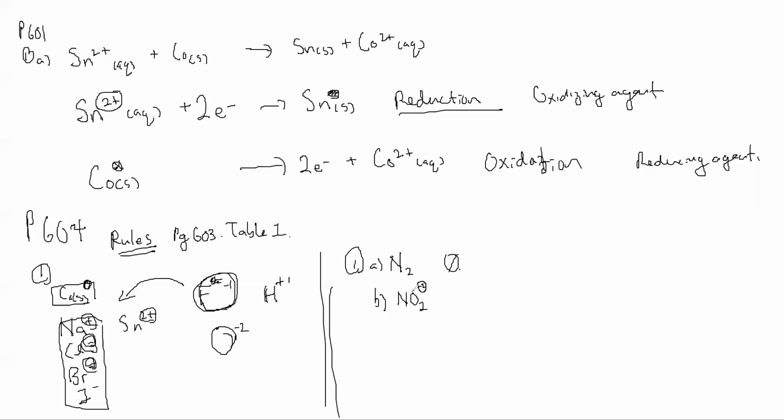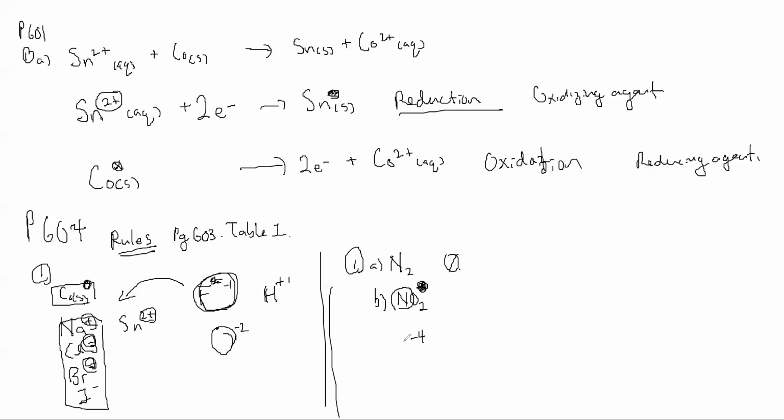So in total, the oxygen portion of nitrogen dioxide would have a total oxidation number of -4. Okay? Which means nitrogen needs to balance that.